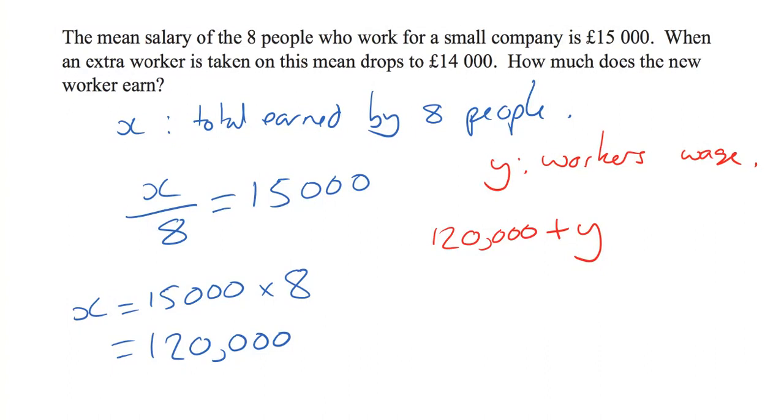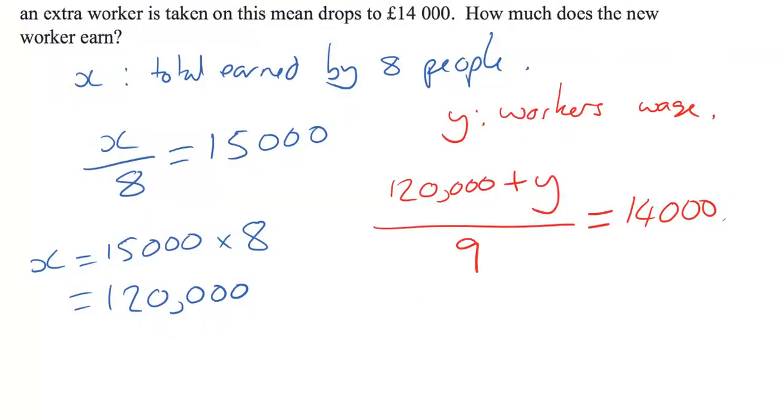And if I wanted that mean, I would get that value and divide it by 9, because now I have 9 people. That's the original 8 and the extra person as well. And we're told what that mean is. It's dropped and now it is 14,000. So if I want to work out what that worker is going to earn, I've got to solve this equation and try to find Y.